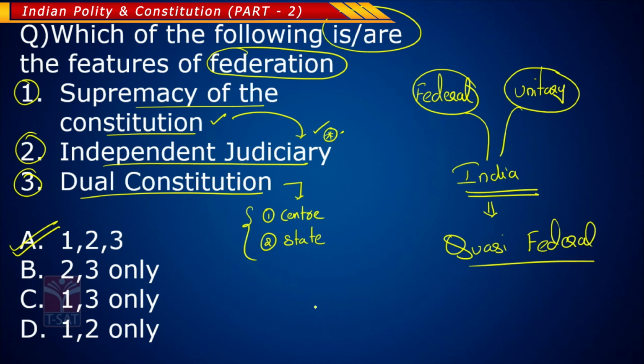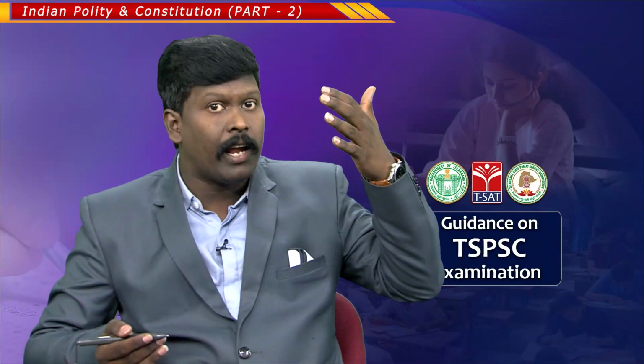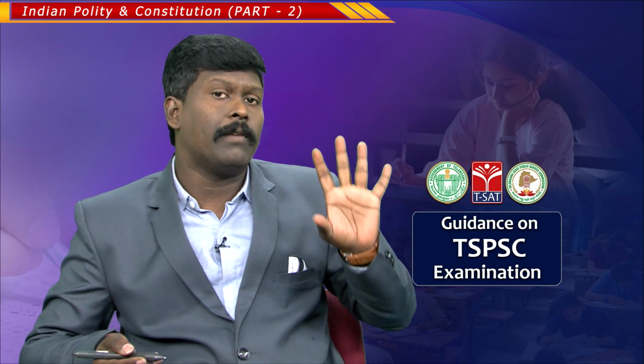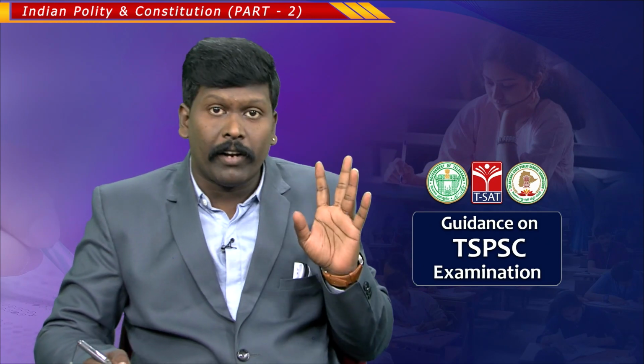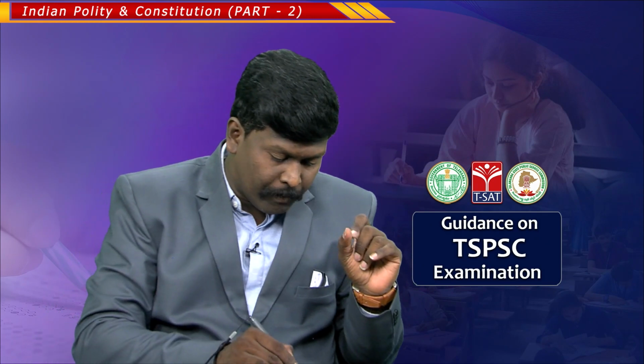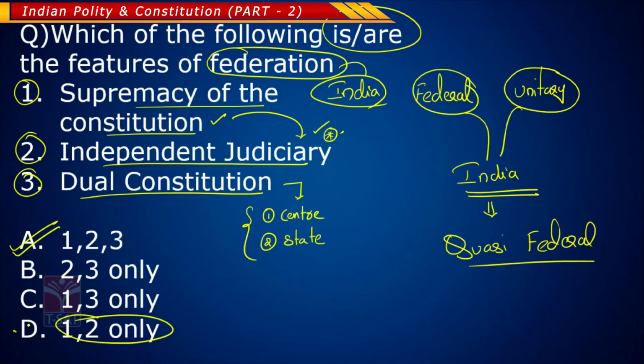Now, which of the following is or are the features of the federation in India? Keeping India in perspective, can you tell me what the features of the federation are? Yes, the answer will be D. Why? In India, we don't have a dual constitution, we have a single constitution.